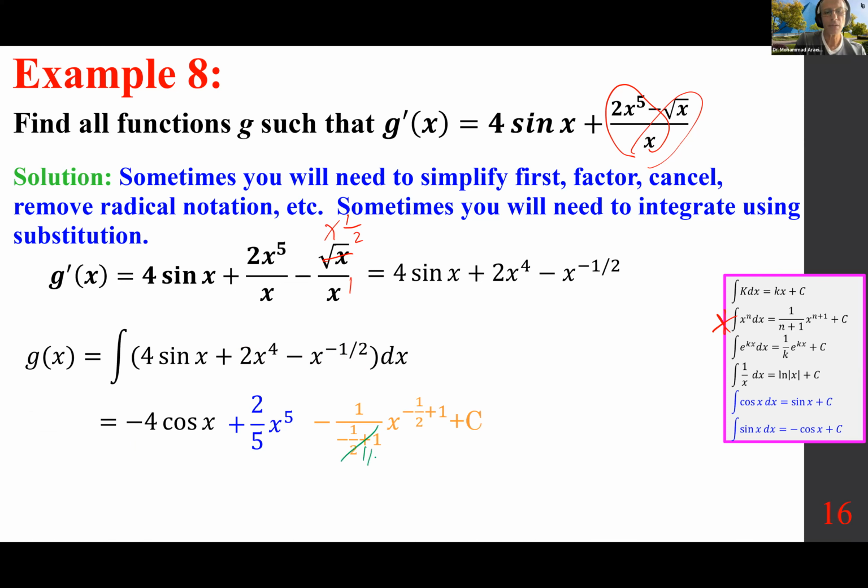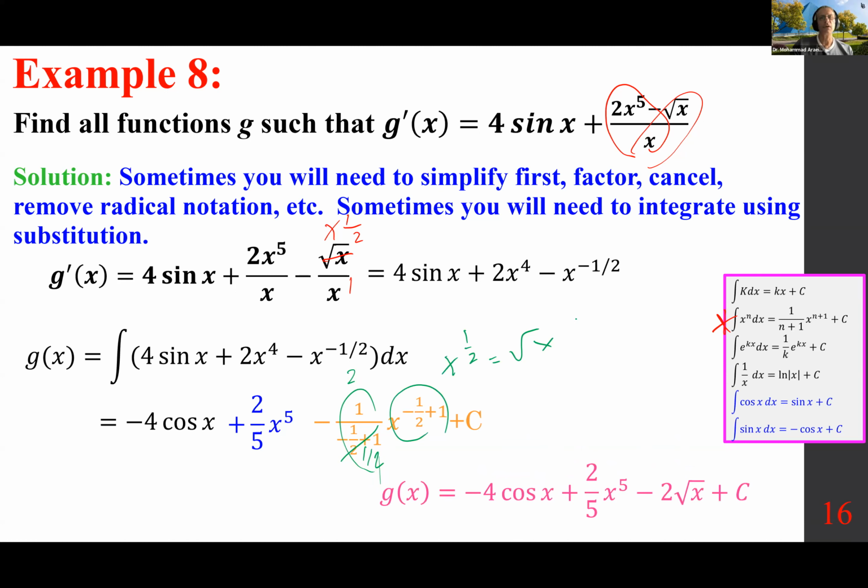This is 1/2. The reciprocal of that is 2. And this is x to the power of 1/2, as you know, square root of x. And that's the final answer, everybody. Very straightforward. I hope everybody is comfortable with that. We are practicing.